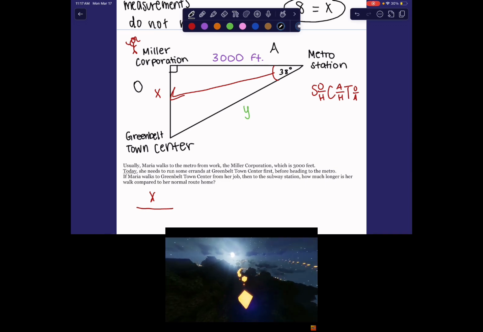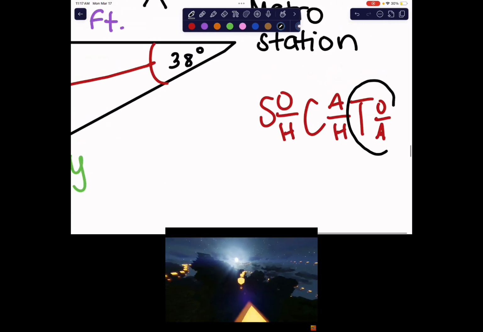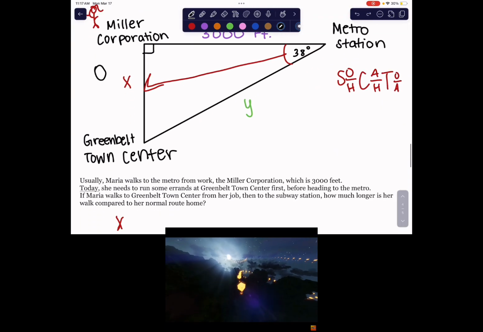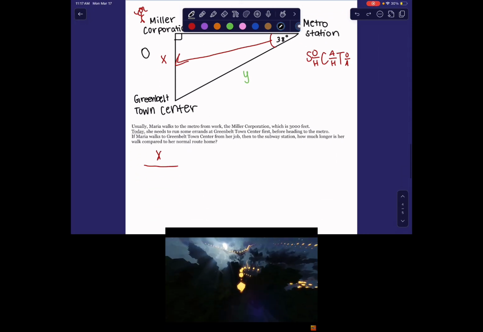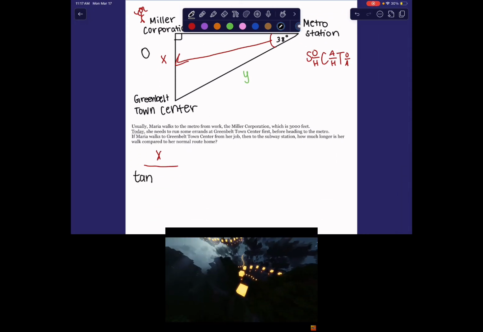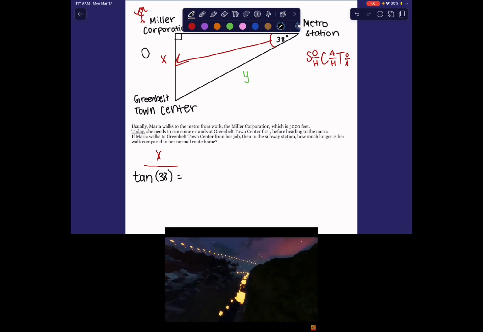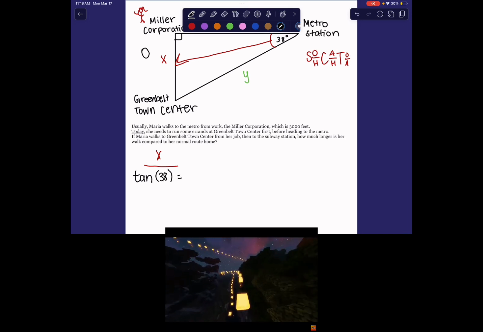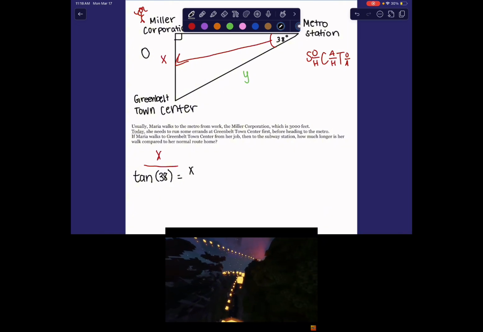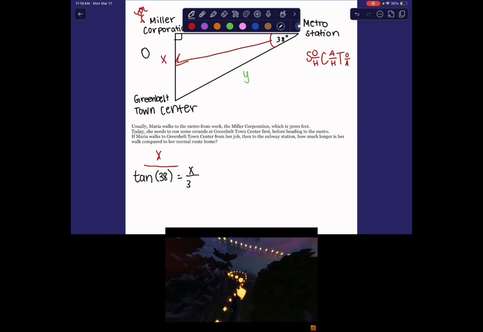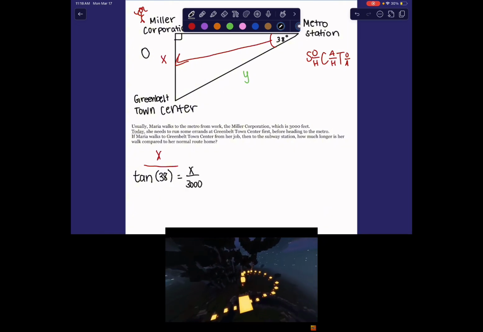So opposite and adjacent is TOA. So we're going to be using tan 38, and then opposite over adjacent. So tan 38 equals X over 3,000.